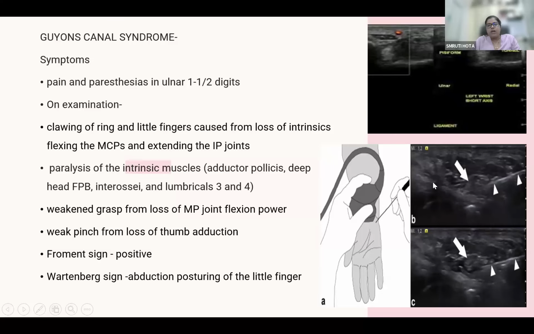With a small 1 or 1.5 inch needle and 5% dextrose, you can give 5 ml surrounding the nerve, and you can see a clear halo sign surrounding the nerve. Relief will take 5 to 7 days, but it can take longer because the effect in entrapment neuropathy comes after a long time. So these are the pictures of Guyon's canal syndrome.